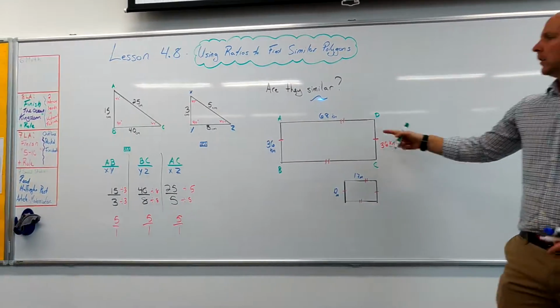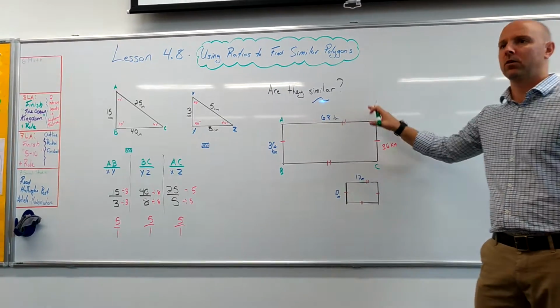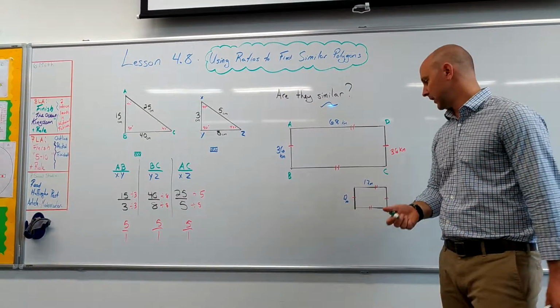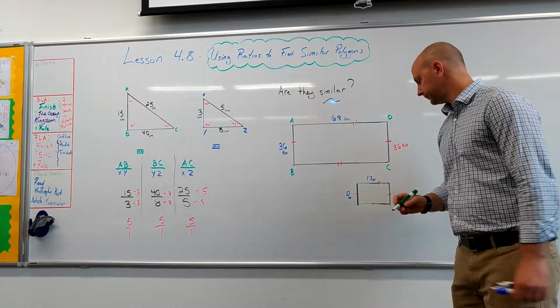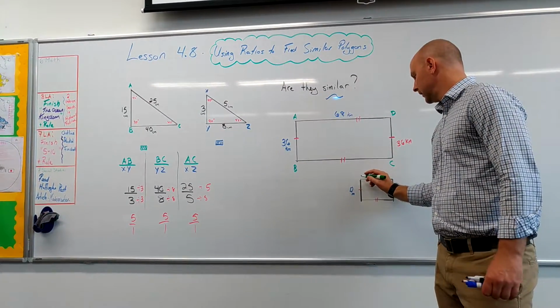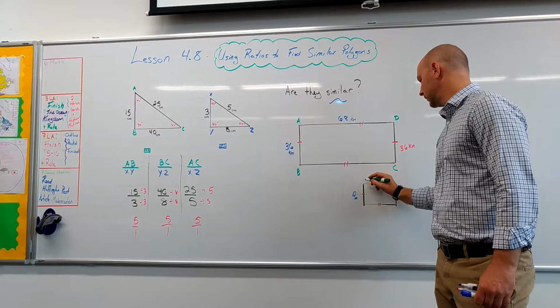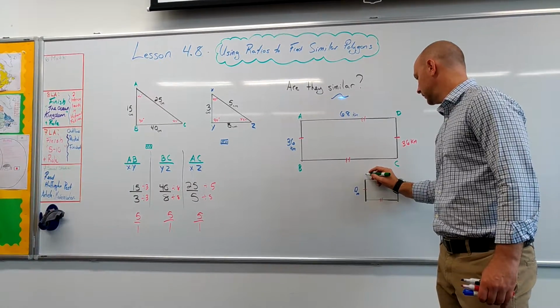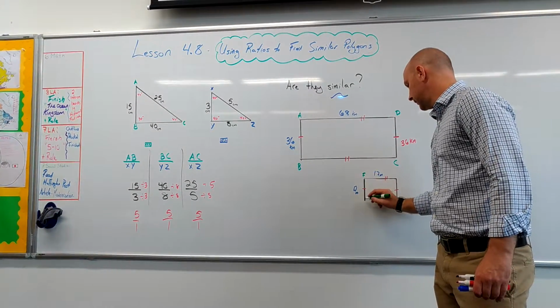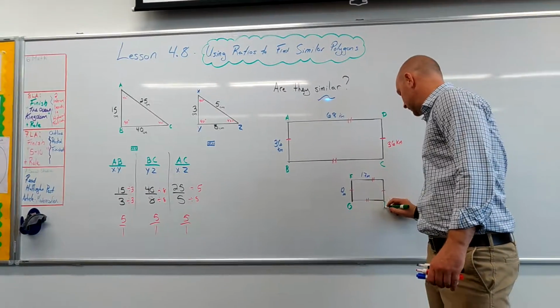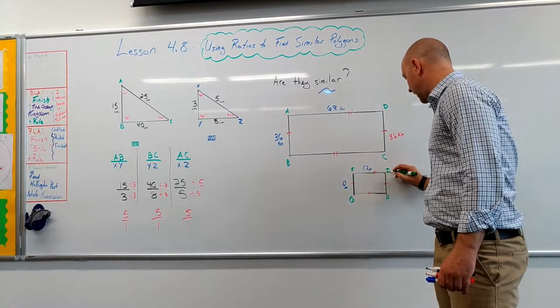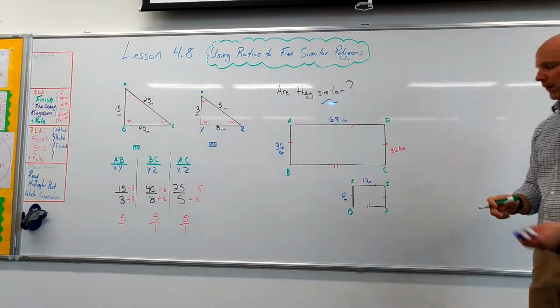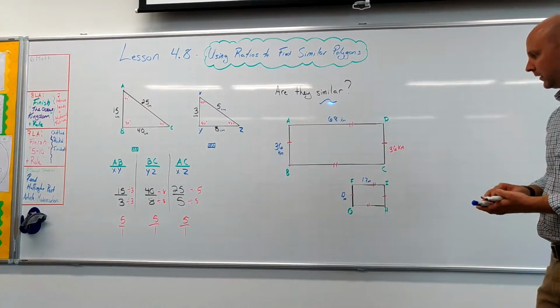So make sure you put markings on each of your corners or angles if it's a triangle or some other polygon. I'm going to do the same over here, except I'll call them F, G, H, and I. That distinguishes between those two rectangles without any errors.